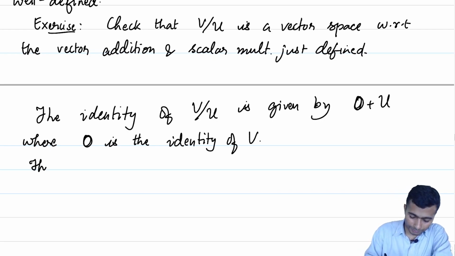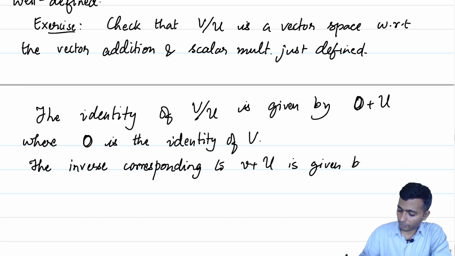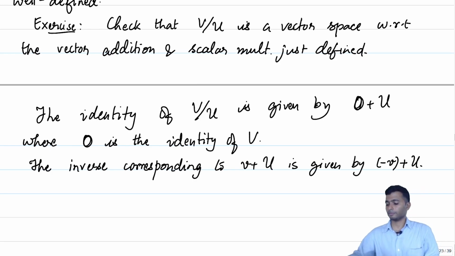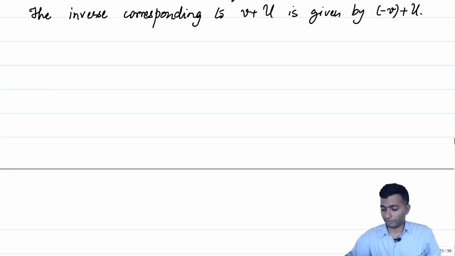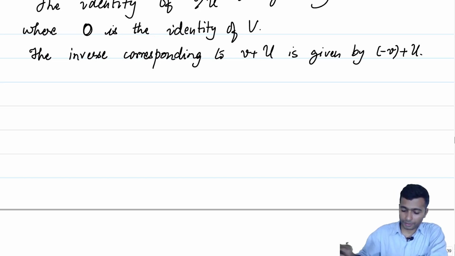The inverse, again you should check this out, corresponding to v plus U is given by minus v plus U. v plus minus v will give you 0, and hence 0 plus U is the additive identity of V mod U. So, yes, this makes sense. All right.